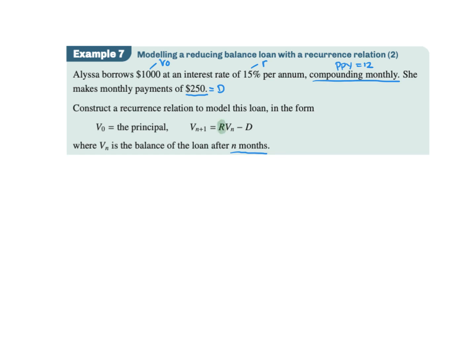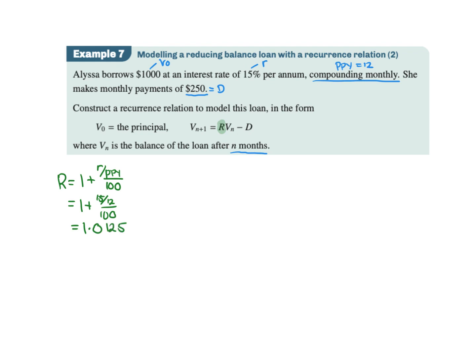So if you look at the R, let's calculate that. It'd be 1 plus the rate over PPY over 100. So in this instance, it'll be 1 plus 15 over 12 over 100, and we end up with that R value being 1.0125.